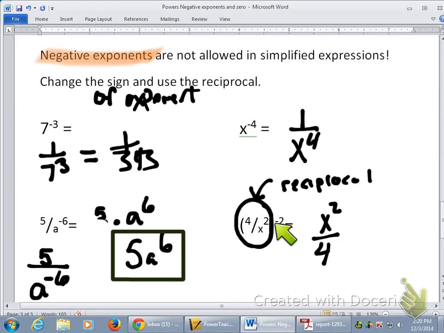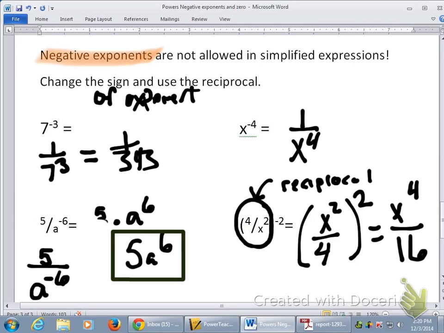Now, that's still going to be raised to this power, but since I did the reciprocal, I can change that to positive. And now I'm allowed to follow my quotient and power rules, and I can multiply those two. X squared to the second power is x to the fourth, and 4 to the second power is 16.